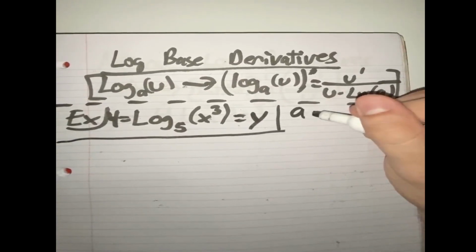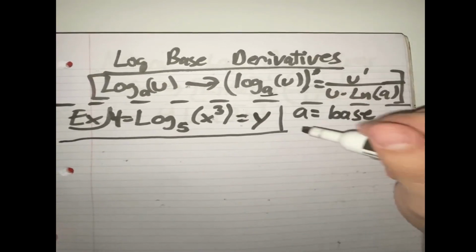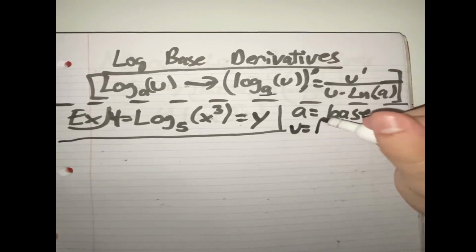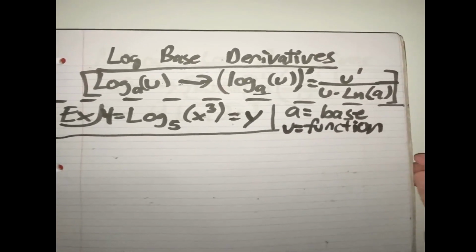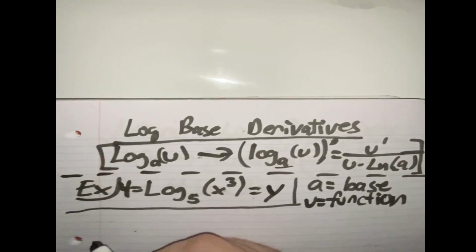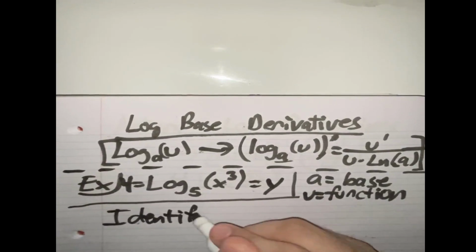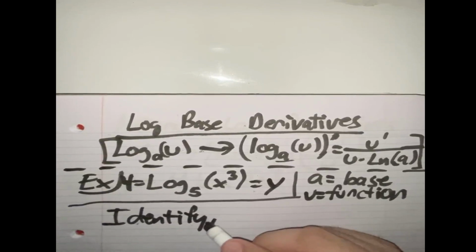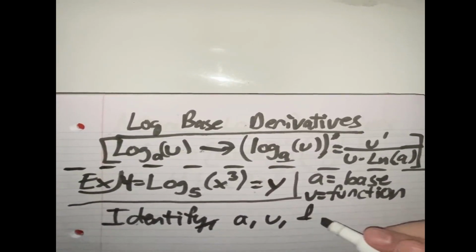Our a is our base right here, and our u is the function. Whatever function is inside the logarithm, that is your u. So right here, we are going to identify the variables a, u, and u prime.